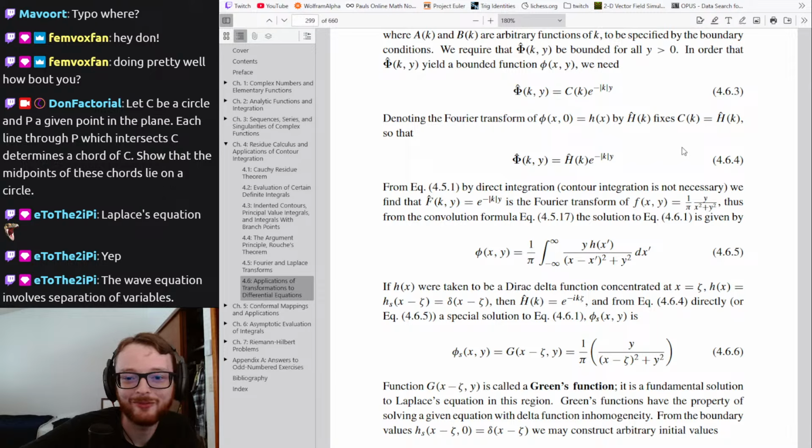Is it really so simple that if we take y equal to 0 in this equation, capital phi hat of k comma 0 is equal to h hat of k, is what they've basically done here. I guess it should be like that for keeping y at 0.